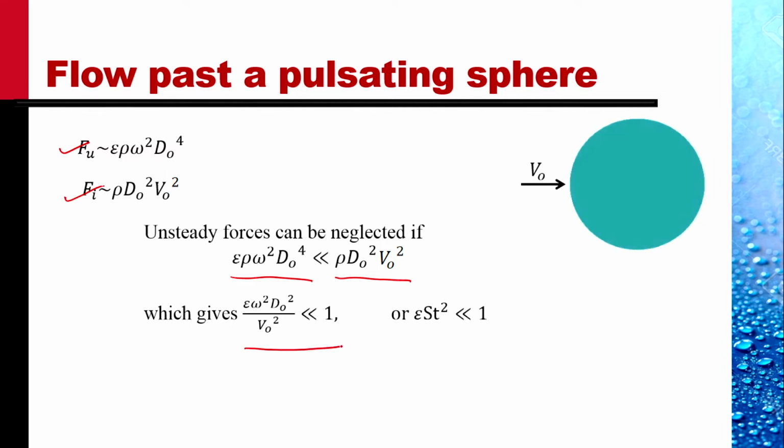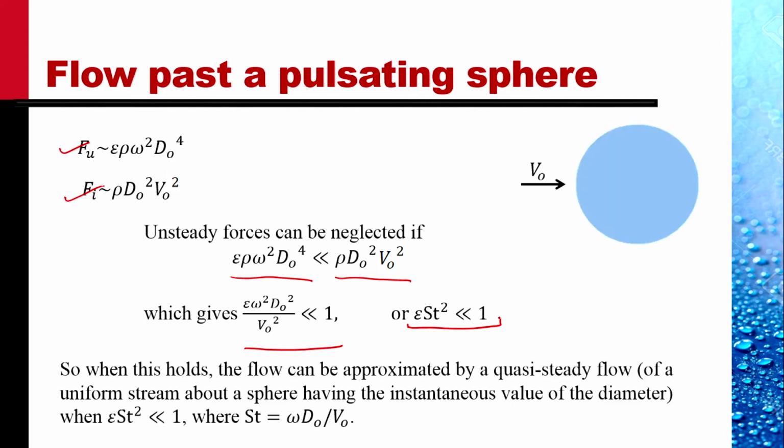That is, the unsteady forces can be neglected if epsilon times the Strouhal number squared is much less than 1, where the Strouhal number is omega d naught divided by V naught. If this condition is obtained, then the flow can be taken as a quasi-steady flow about a sphere having the instantaneous value of the diameter.